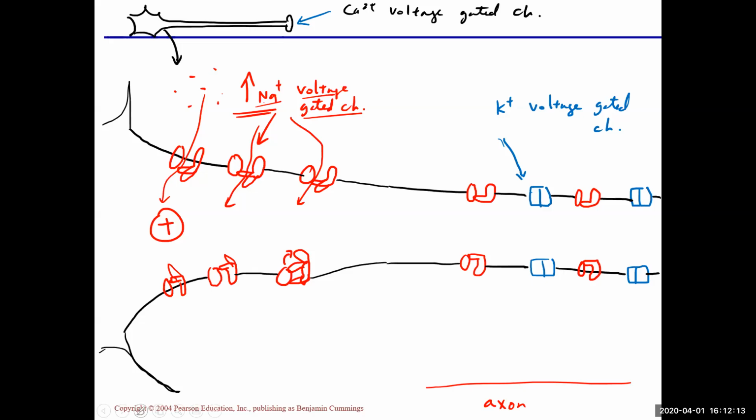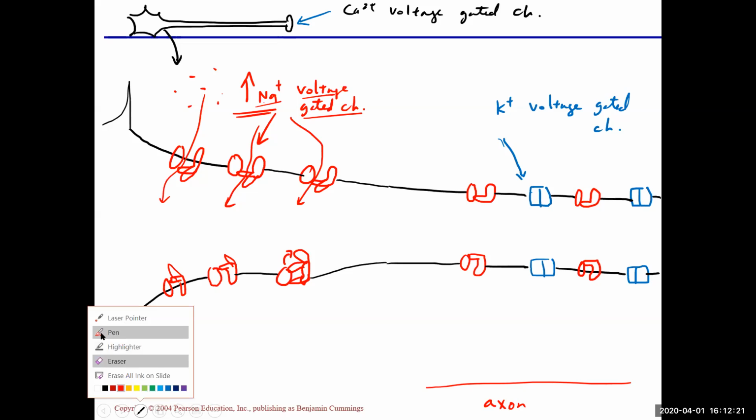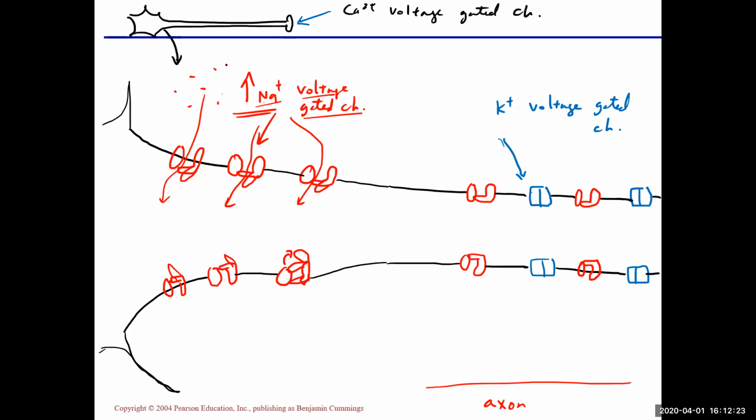Now let's analyze why sodium is coming inside to begin with. Earlier we mentioned that outside you have higher voltage, positive ions, and inside, due to the three reasons that we discussed, it is negatively charged. Positive and negative attract one another.